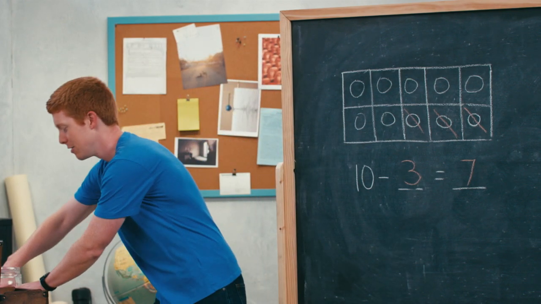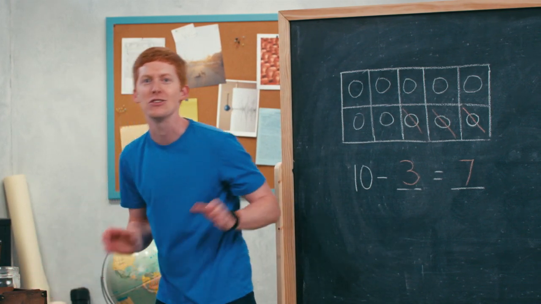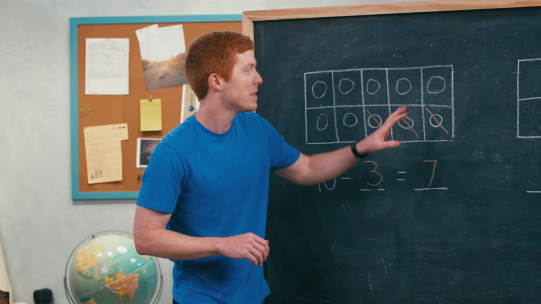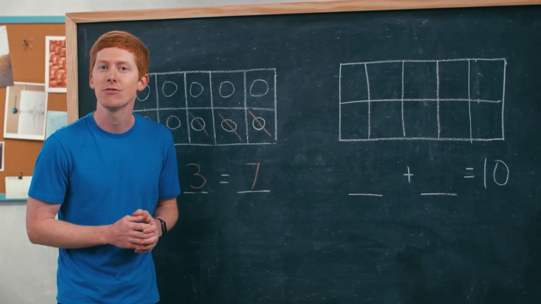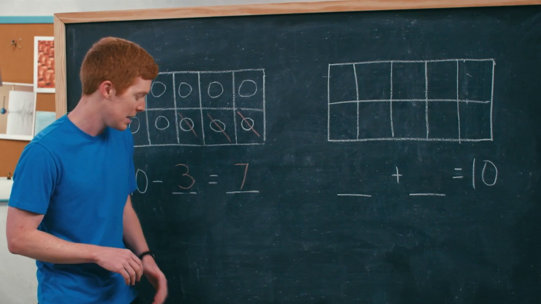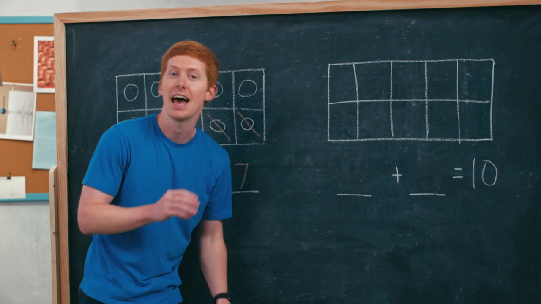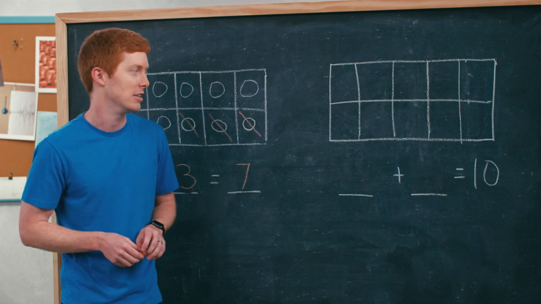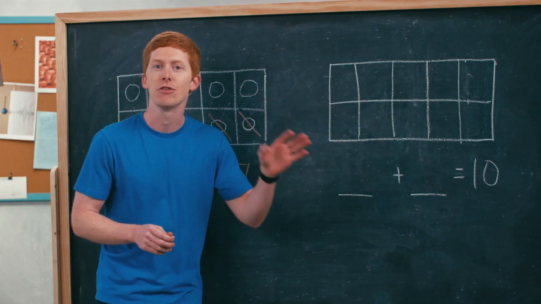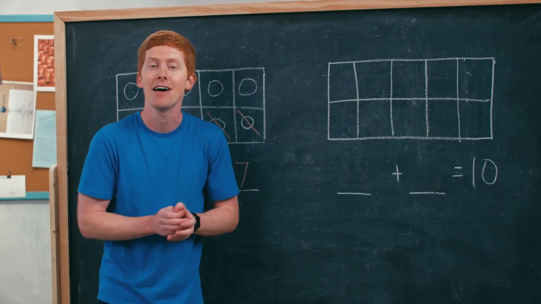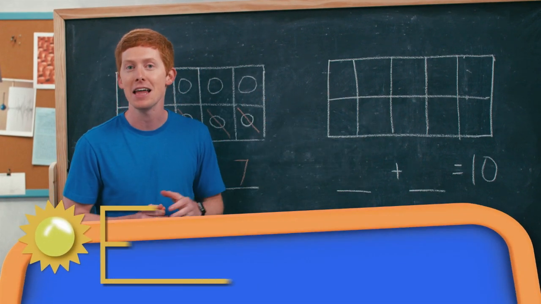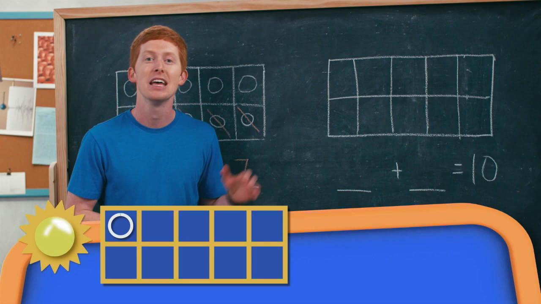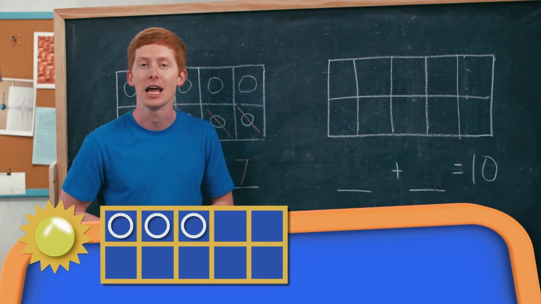I'm going to set these down, and let's see if we can solve this in a different way. We have a 10 frame again, but this time instead of subtracting from 10, because we know we started with 10, let's see if we can solve it with addition. How many did I have in my hands? We had 5, right? So we could fill in that 10 frame with 5 circles, saying these are the 5 that we have in our hand.